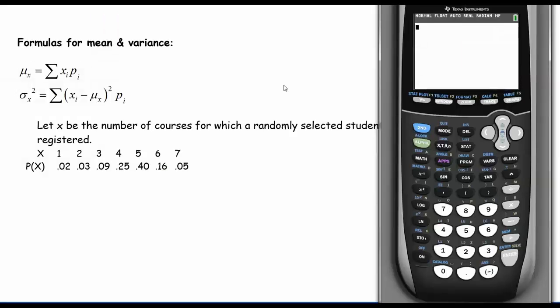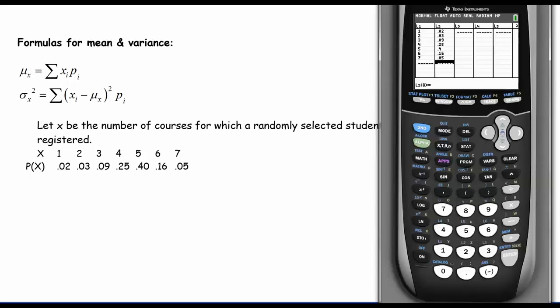Okay, so we are going to go to our stat list and input these various numbers. I want 1, 2, 3, 4, 5, 6, 7, and then I'm going to go over to list 2 and type that in.